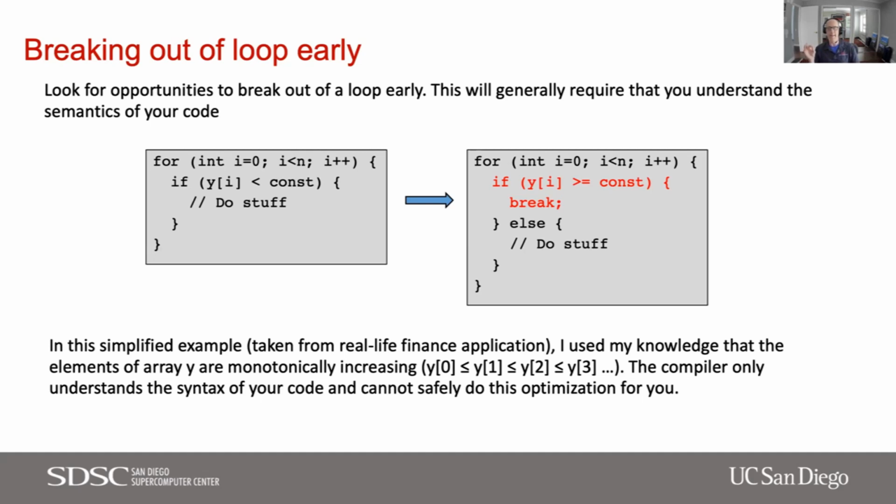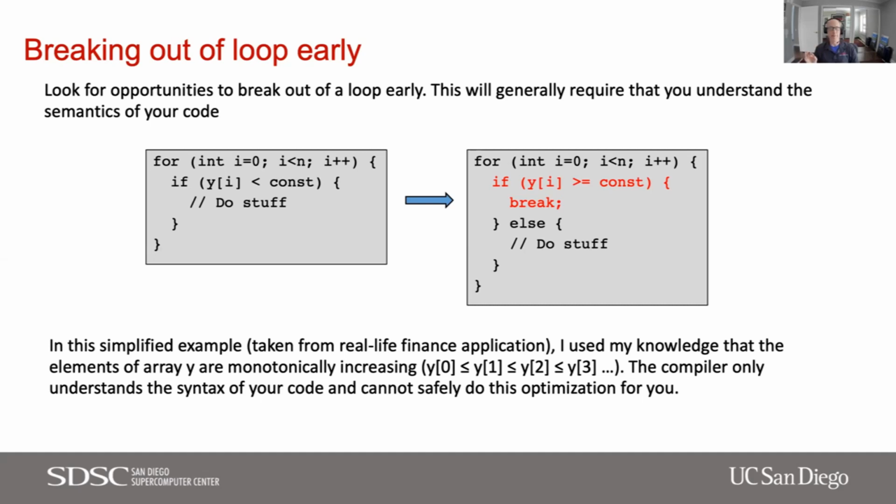Now, this was a case where I was able to use my knowledge of the code and the fact that the elements of array y are monotonically increasing. So that is, we are absolutely guaranteed that y sub 0 is less than y sub 1, which is less than y sub 2, which is less than y sub 3, and so on. The array, I believe, actually corresponded to timestamps.